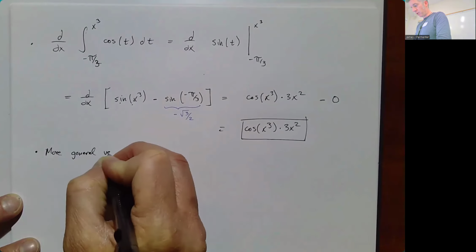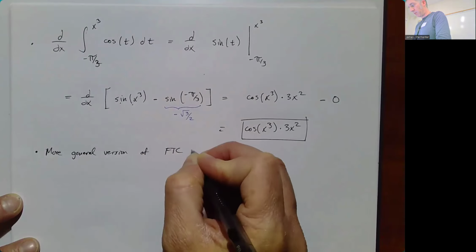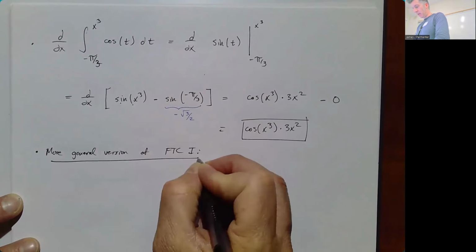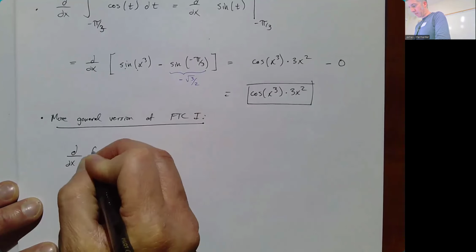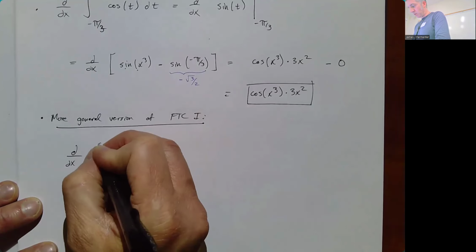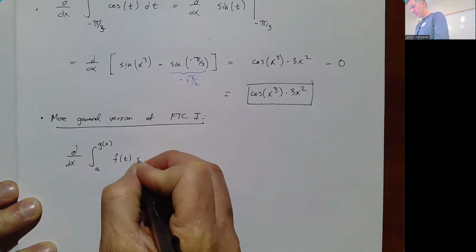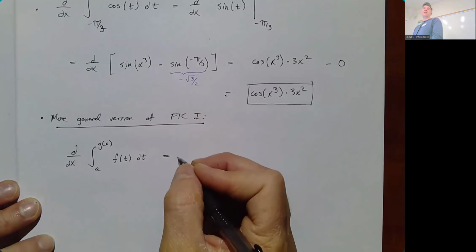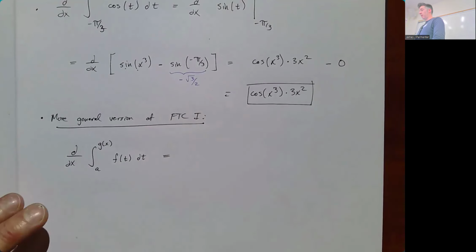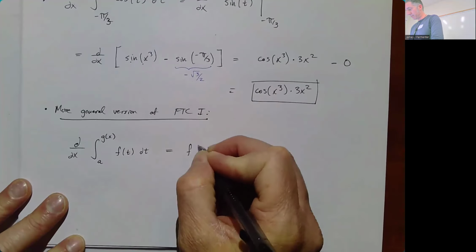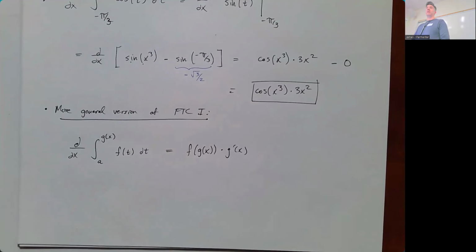The more general version of the fundamental theorem of calculus part 1 says that if you find the derivative of the integral from a to g of x of f of t dt, instead of just getting f of x, you're going to get f of g of x times g prime of x, as evidenced by the example that we just did.